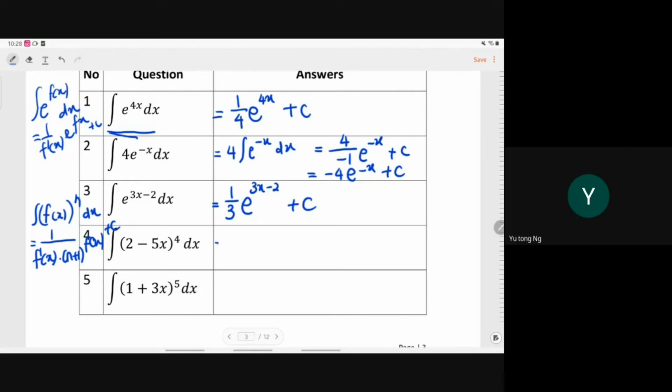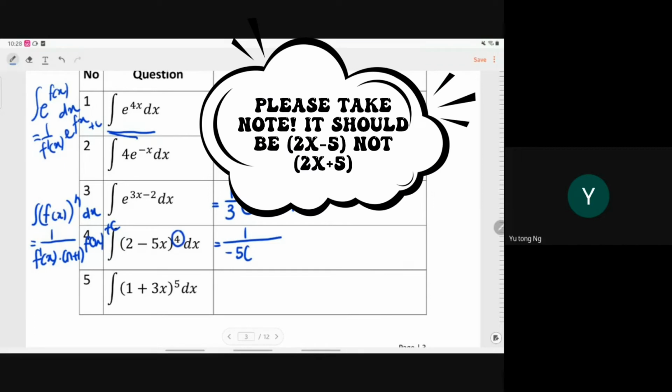So integrating (2 minus 5x) to the power of 4 is equivalent to 1 over, the derivative of 2 minus 5x, which is negative 5, multiplied with the power increased by 1, so 4 plus 1, which is 5. Then multiply with the equation (2 minus 5x) to the power of 5, plus c.